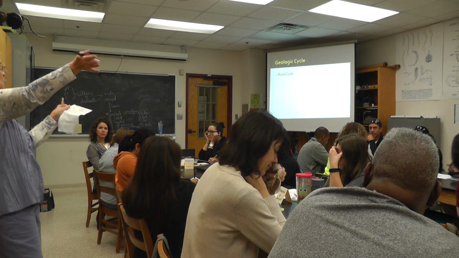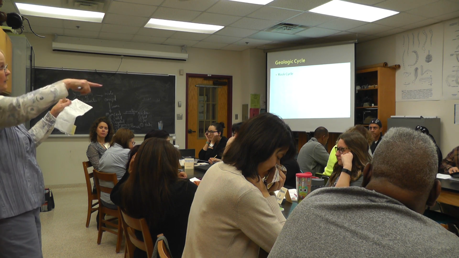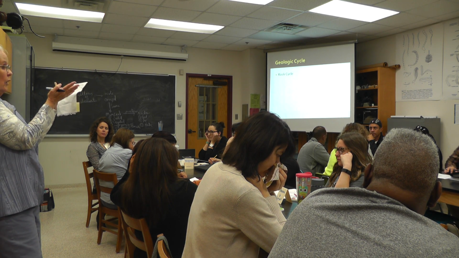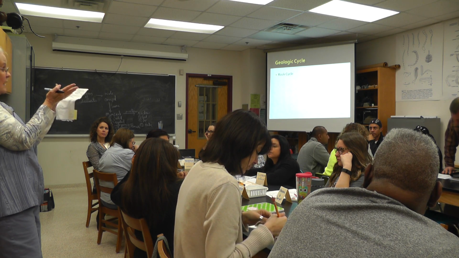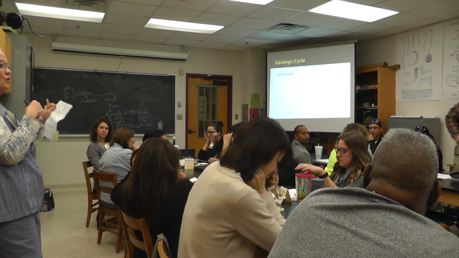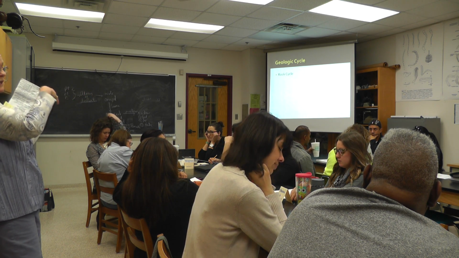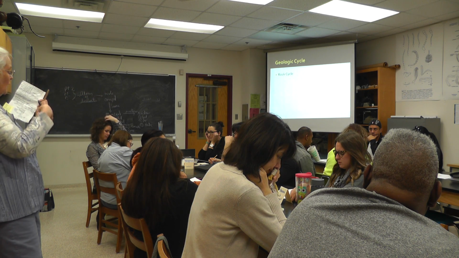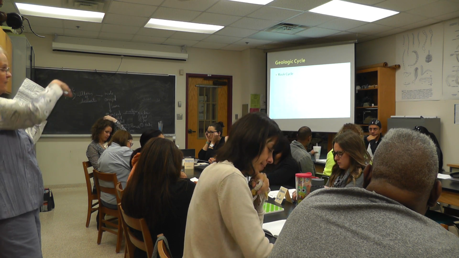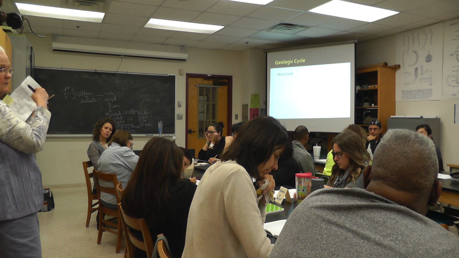And now it's been exposed. The stuff on top of it's weathered away. But out around it, when it intruded upward, still as magma, it changed some rocks around it. So you found some gneiss and some schist, and some marble. All those were metamorphic rocks out around the magma intrusion of the igneous.